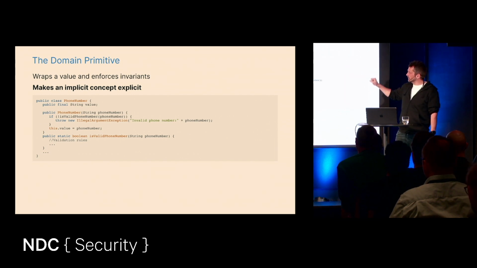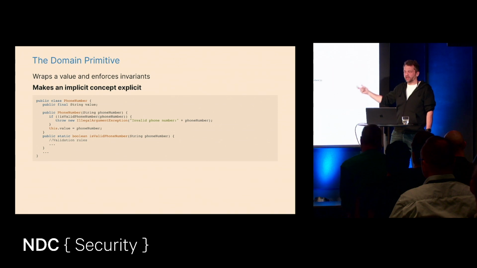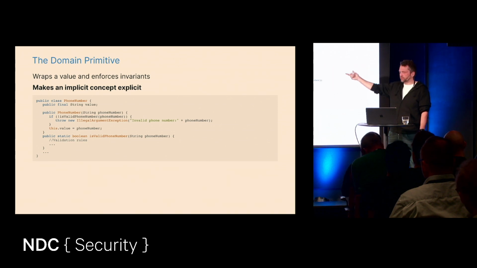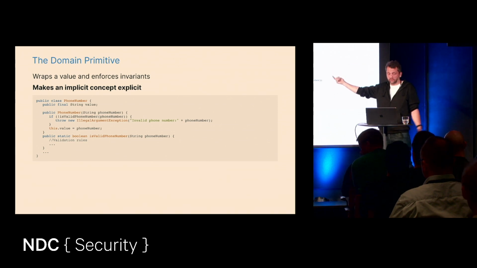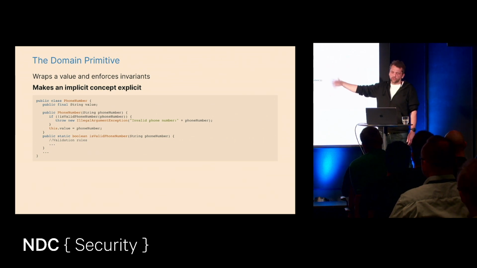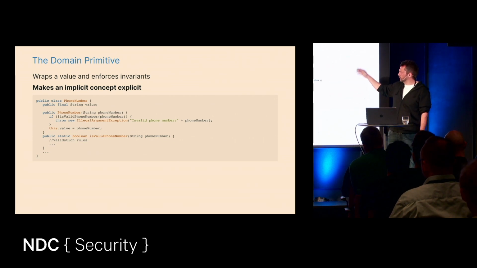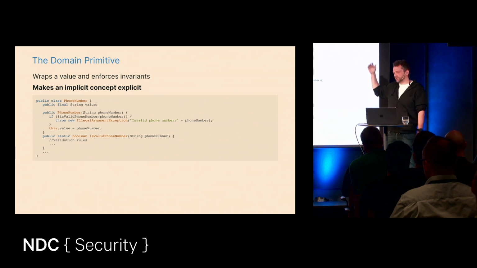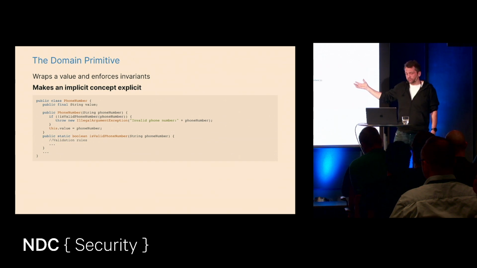And the point of this is, whenever we have an object of type phone number, we know that it contains valid data. A phone number object will never contain an email address, because you can't create an object like that. We could also have a static method, so you could check something if you didn't want to go right into throwing exceptions. So this is one way of doing it.